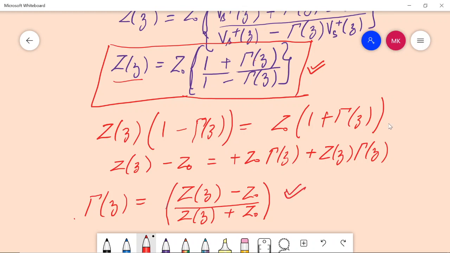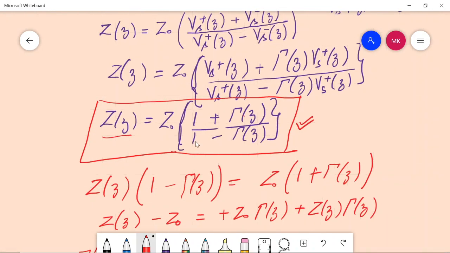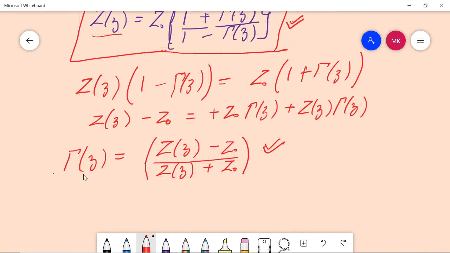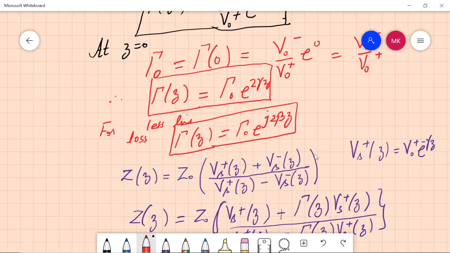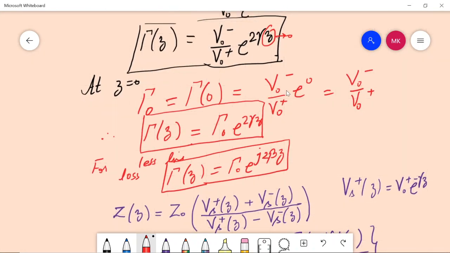So here you have the line impedance in terms of the reflection coefficient, and here you have the reflection coefficient in terms of the line impedance. Now one important thing I left out is the properties of the reflection coefficient.